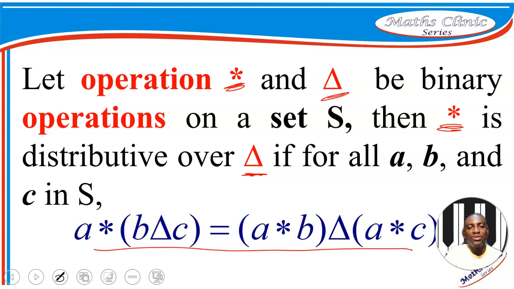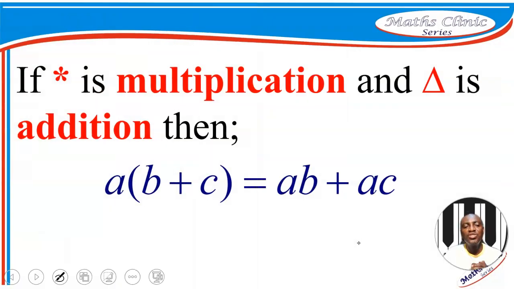That means if I use A to operate B, I get A operation B, and if I use A to operate C, I get A operation C, and we are distributing it over the operation triangle. So if star is multiplication and triangle is addition, and we solve this and it is true like we did earlier, then we can say star is distributive over addition.